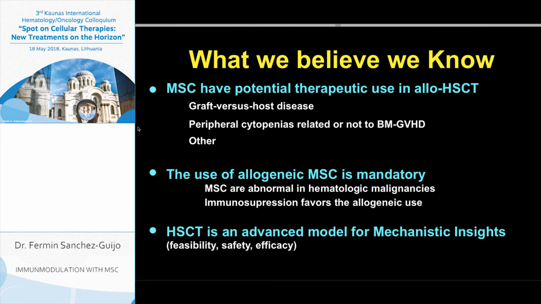As I showed you before, the use of allogeneic cells is mandatory because the cells are abnormal in hematologic patients, and obviously the immunosuppression also favors the use of allogeneic cells. And I truly believe that the hematopoietic stem cell transplant setting is a very good model to get better knowledge for mechanistic insights in this area.